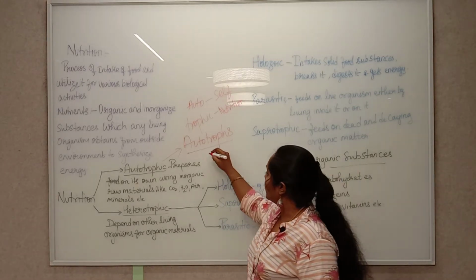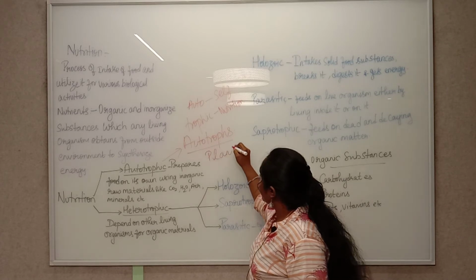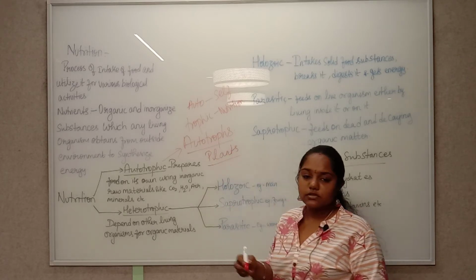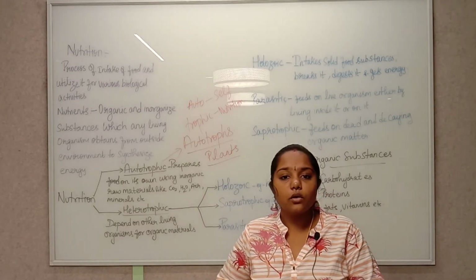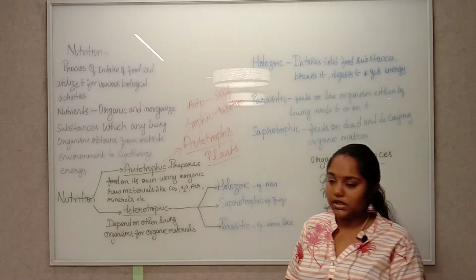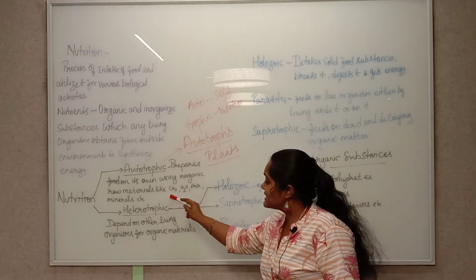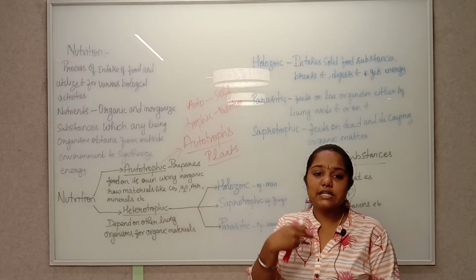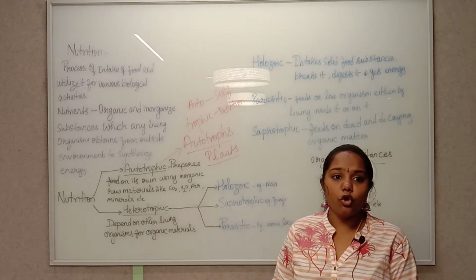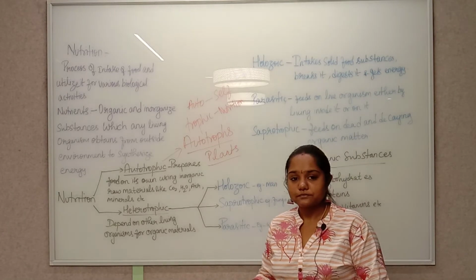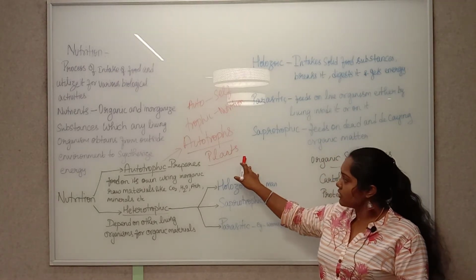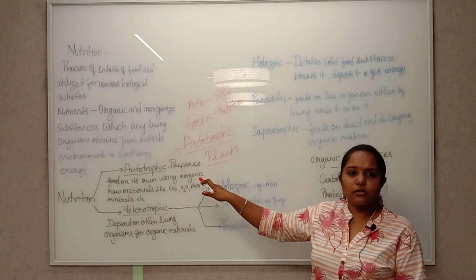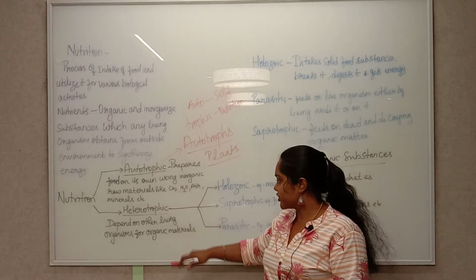Exactly, we are considering plants. Plants and certain bacteria are the only living organisms in the world which are capable of utilizing these raw materials and preparing food inside their body on their own. Clear? Now these autotrophs perform the autotrophic mode of nutrition.